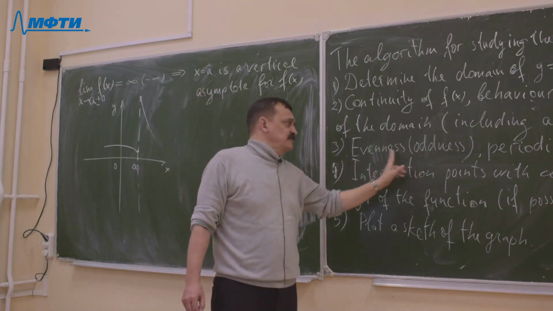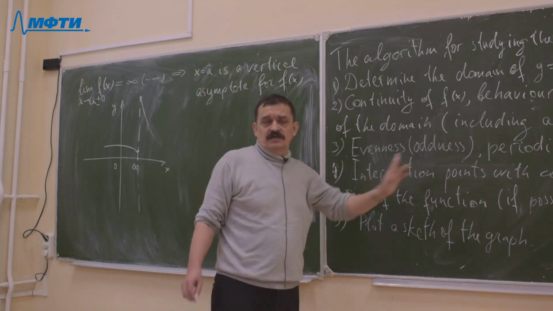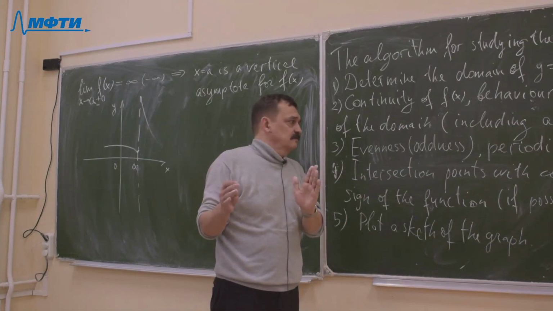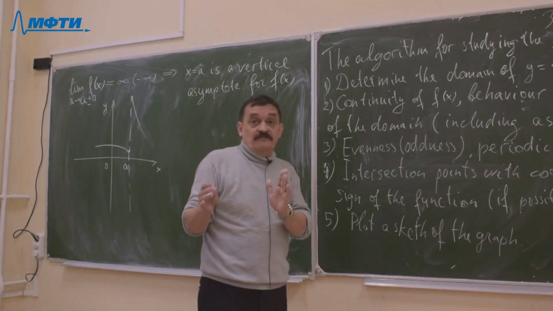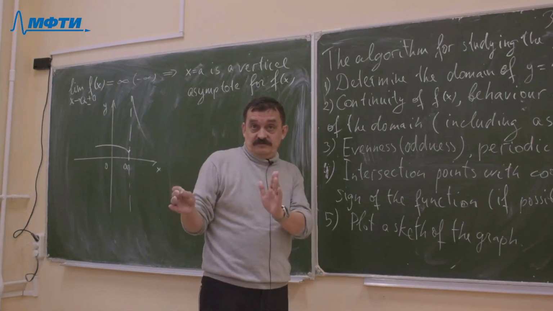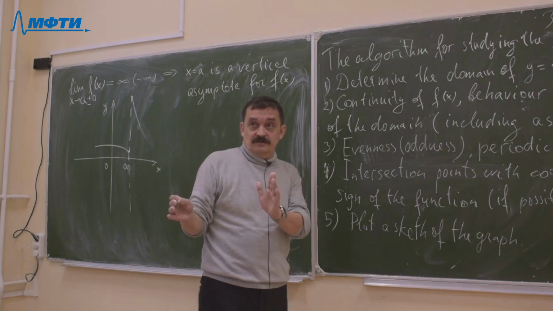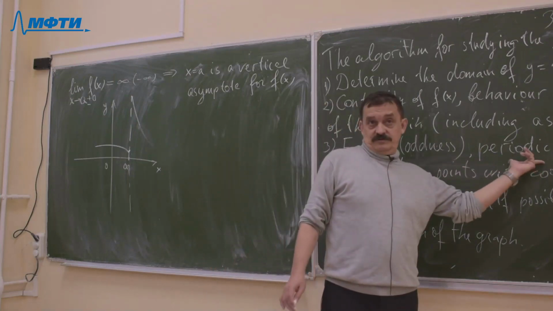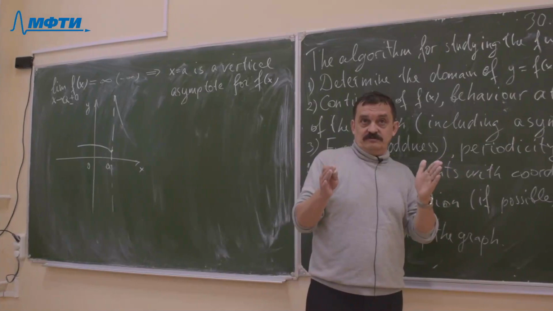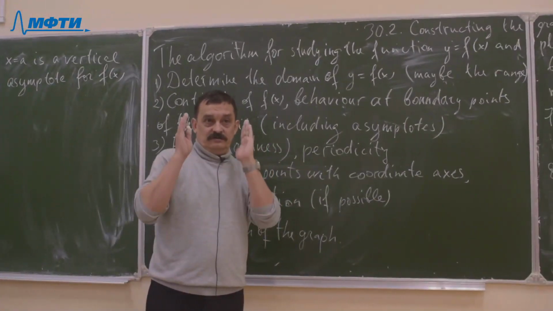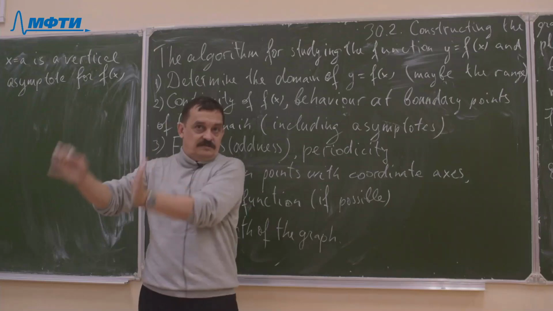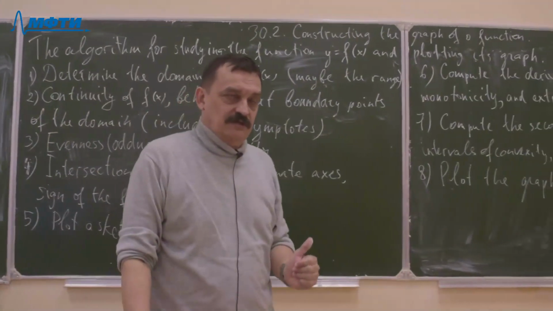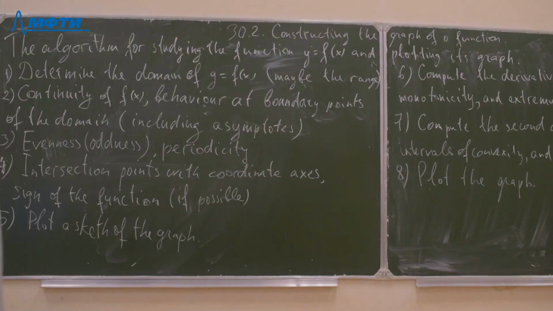Because if the function is even or odd, then you need to draw the graph only for positive x, right? After that, you can use symmetry of the graph. The same is true about periodicity. If the function is periodic, then you need to draw the graph only on a period, and then just expand the graph by periodicity. Okay, let's have a break.